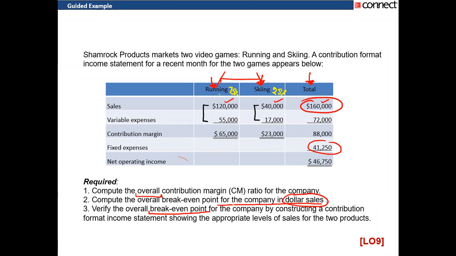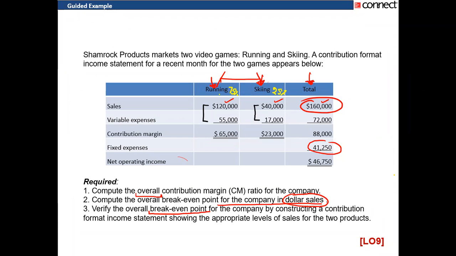Okay, let me check what you have written. You are saying that 46% for running and 43% for Skyeng video game. So are you rounding it into two decimals? I like to get at least one digit after. Okay, 45.83. I see varying responses.